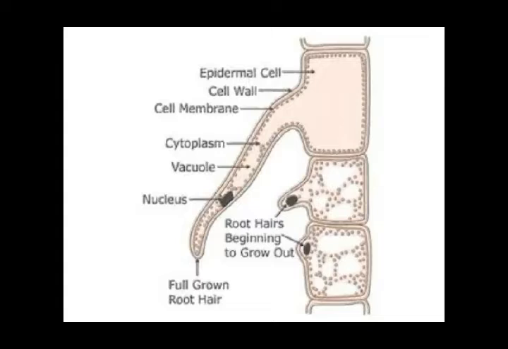Now, let us come to the second characteristic of a root hair. Root hairs contain cell sap. Cell sap I already discussed with you. What is cell sap? It's a concentrated fluid present in the root hairs. So, these are more concentrated than the surrounding water of the root hair. Root hairs are extensions of the outer cells of the root, which we can also call epidermal cells, and they contain large vacuoles filled with a solution called cell sap.